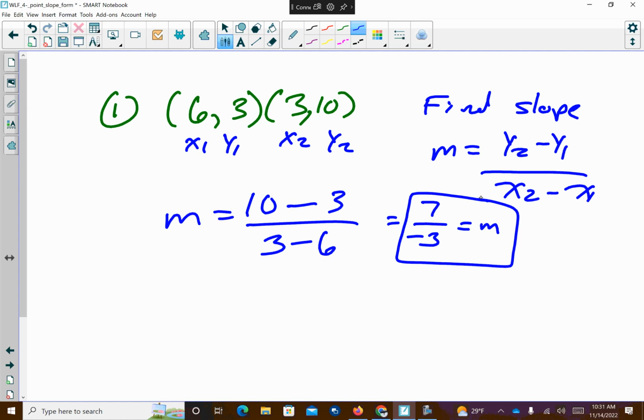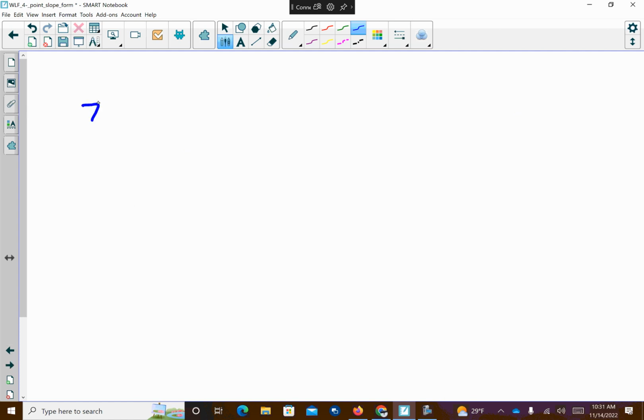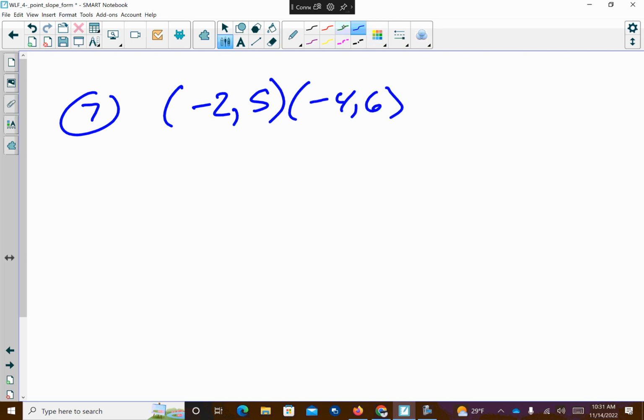So here's a big question. Let's look at number 7. We're given 2 points, yes? We don't have the slope, agreed? Can I find the slope when given 2 points?